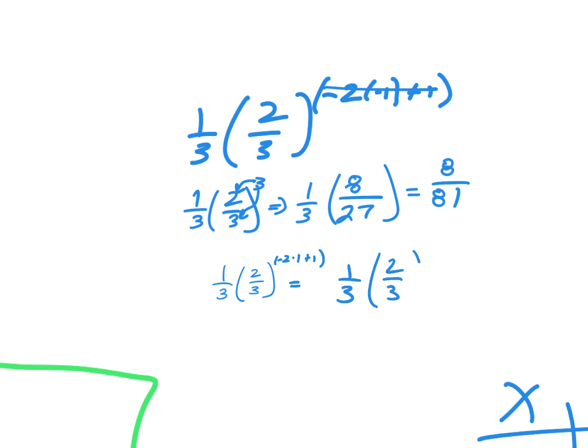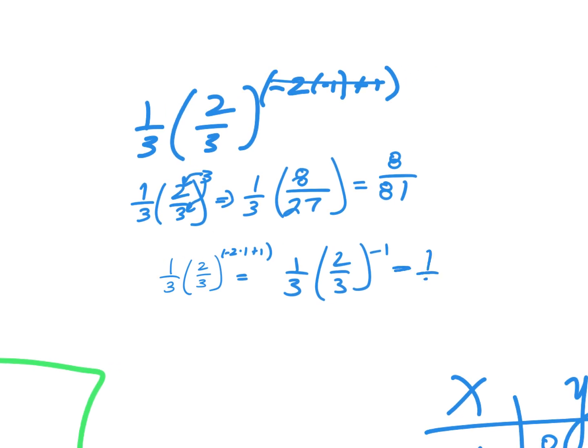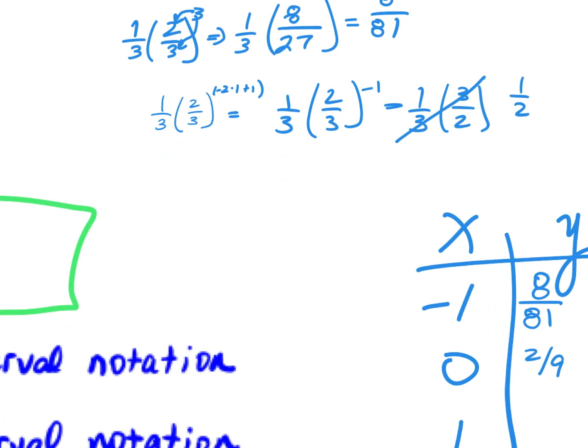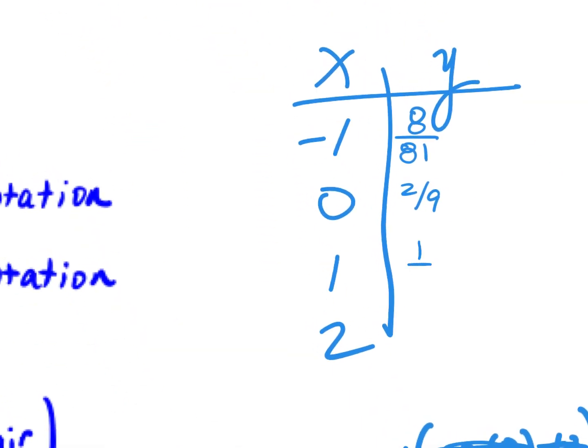So what does that mean if I have 2/3 to the negative first power? Well, it flips. Very good. So this just becomes 1/3 times 3 over 2, right? Because it would be 2 to the -1 and 3 to the -1. You flip them, they become positive. What happens with our 3's? So this becomes 1/2. So when I plug in 1, I get out 1/2.